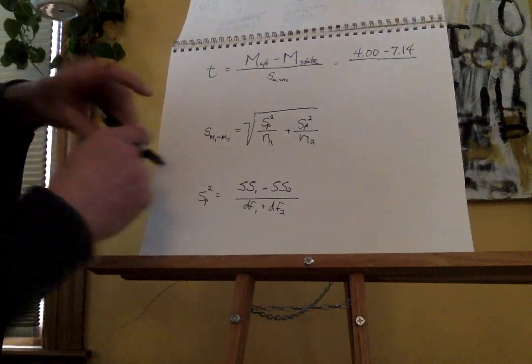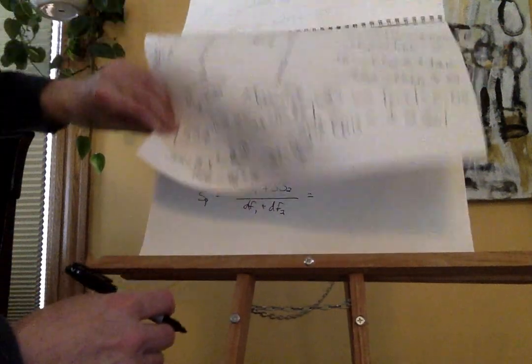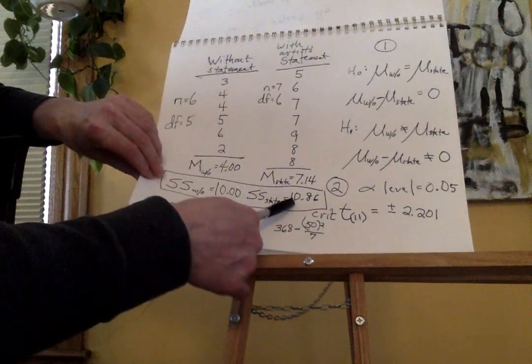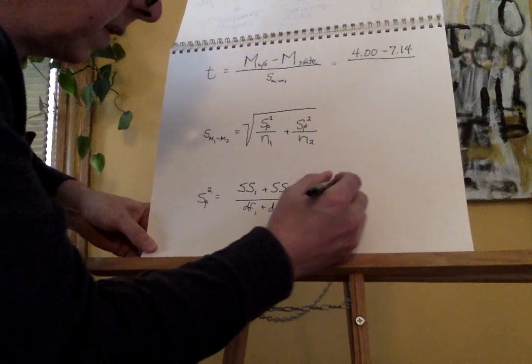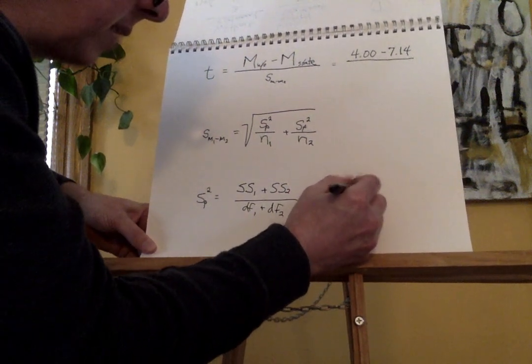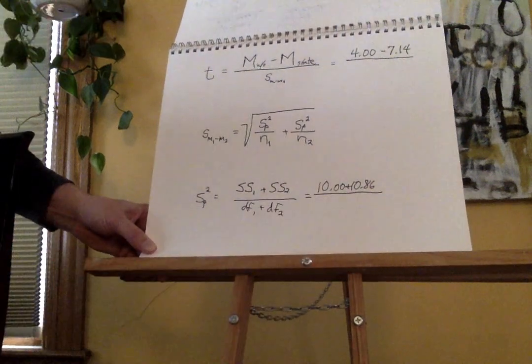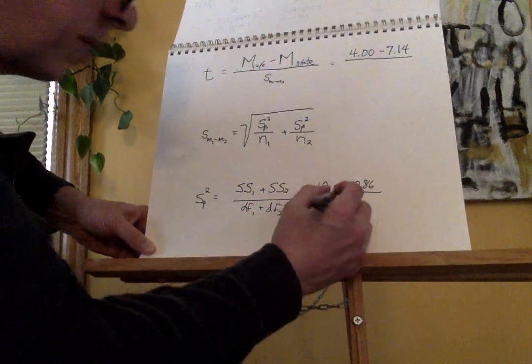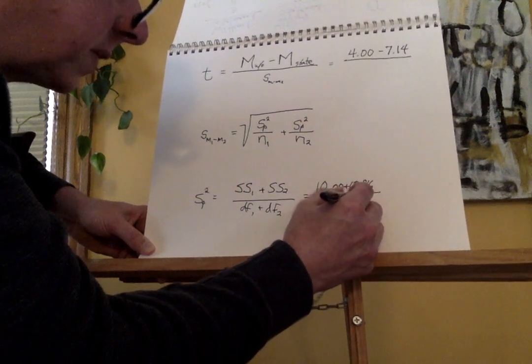So let's put this in. Let's just put these numbers in. The sum of squares for the first group is 10. Sum of squares for the second group is 10.86. 10 plus 10.86, 20.86, right? Degrees of freedom for the first group is 5. Degrees of freedom for the second group is 6.